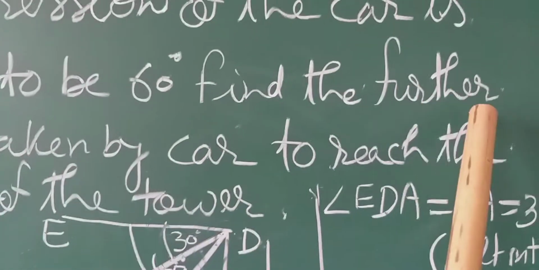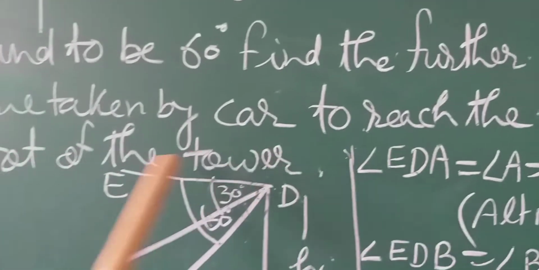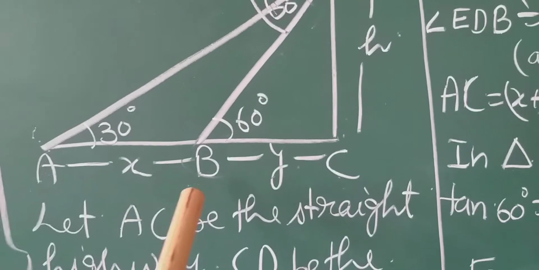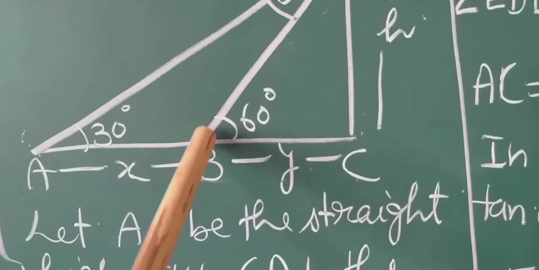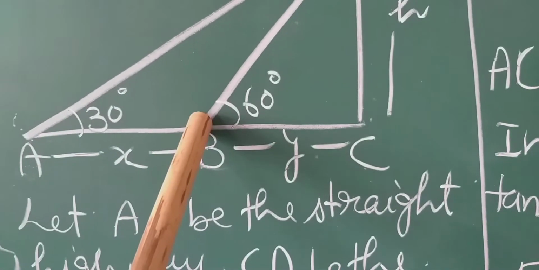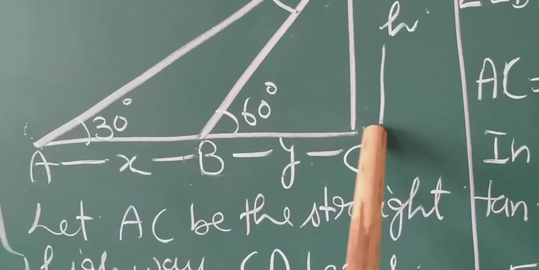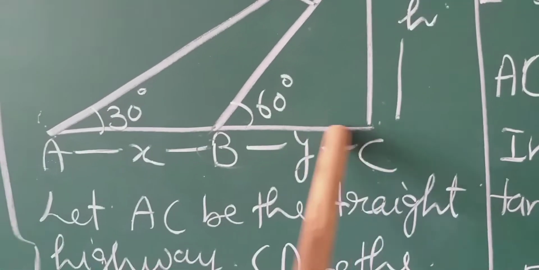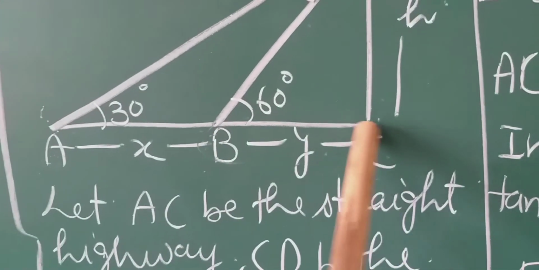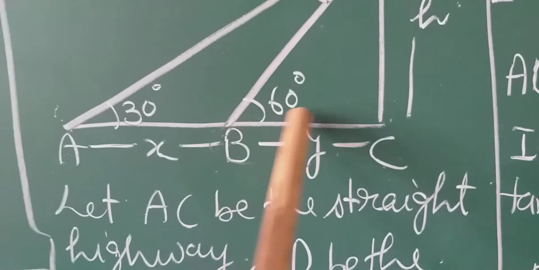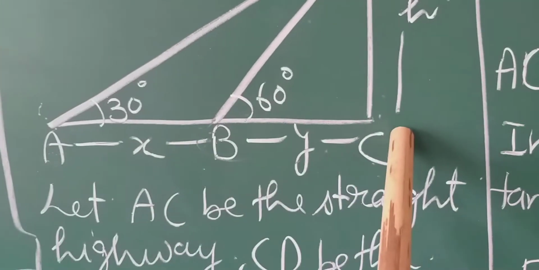Then find the further time taken by the car to reach the foot of the tower. So we have to calculate the time taken by the car from B to C. This distance is to be covered by the car.